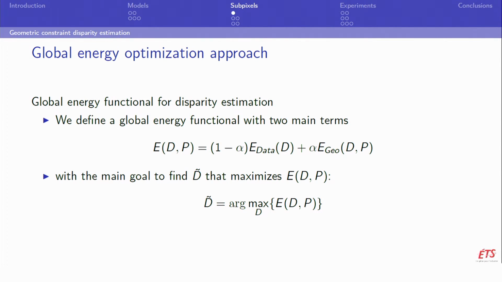A term that is based on the data and uses the previously mentioned correlation operator, and then a term that is based on geometry that will force our disparity estimation, or disparity vectors, to conform to the shape of the quadratic surface that was previously detected. So for sure, we are interested in detecting the disparity by, in our case, maximizing that energy.